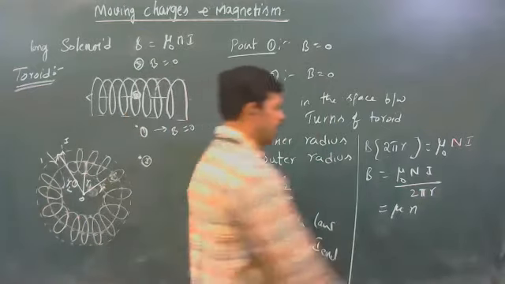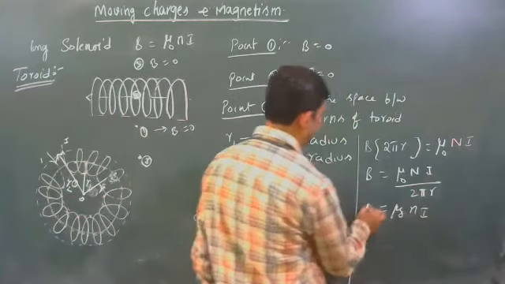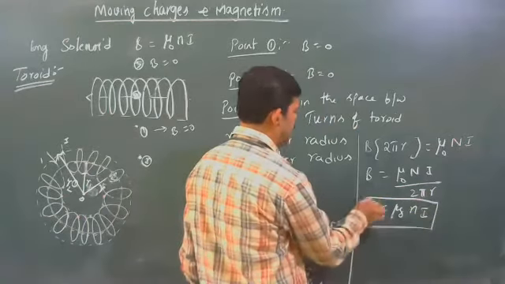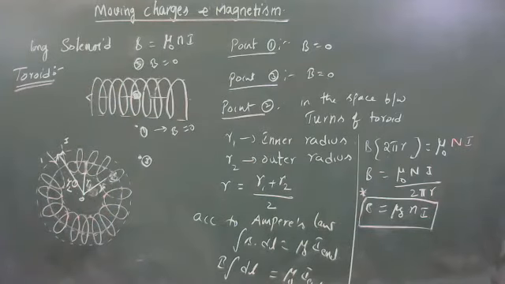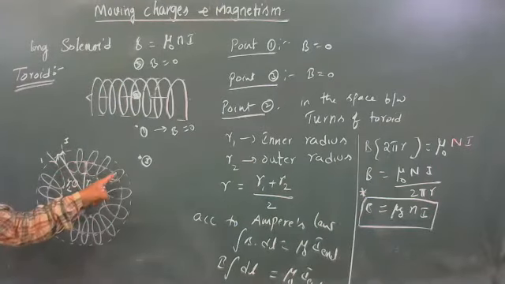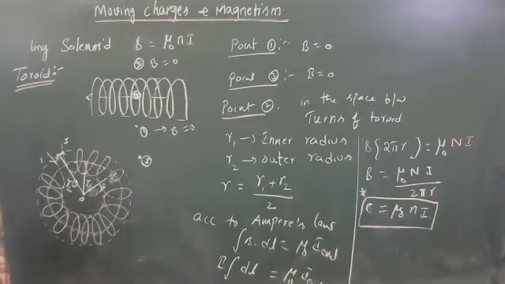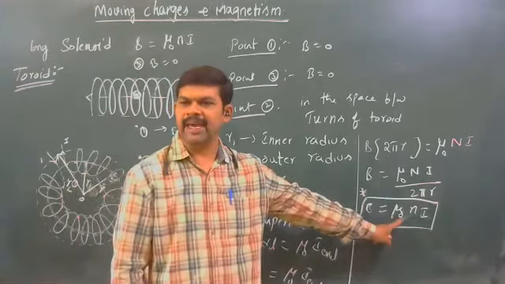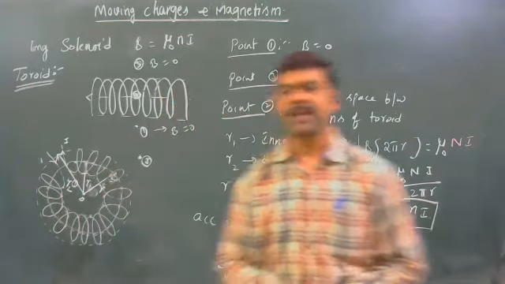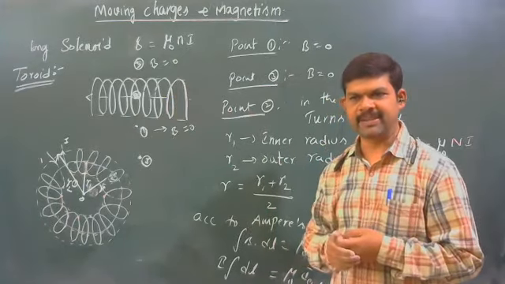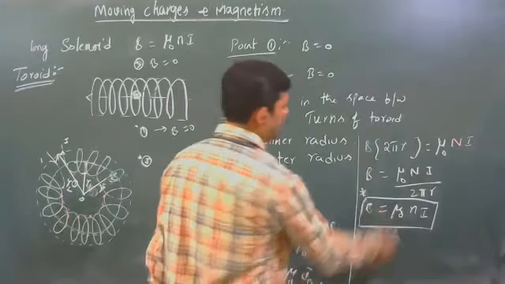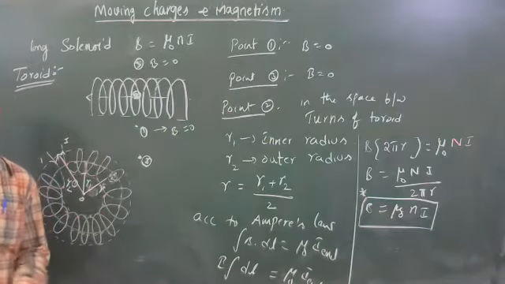Then B is mu naught n I. So this is in the space between the turns of the toroid, at every point. What is the field? Mu naught n I. Simply to remember, it is the same as inside an infinite solenoid. Remember, mu naught n I. Come on, note down.